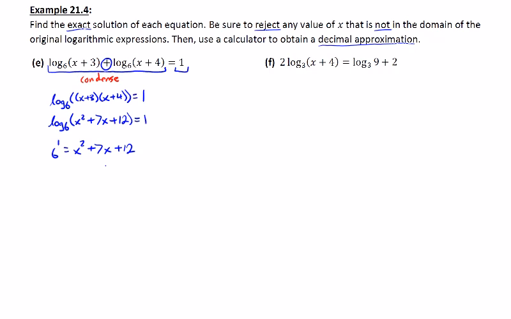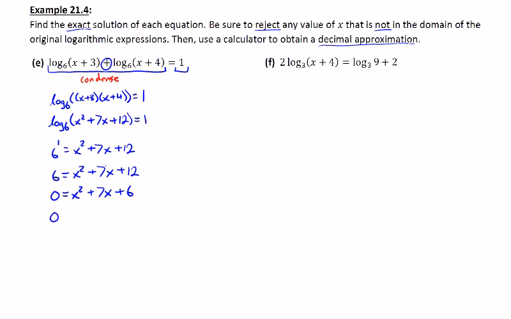In which case, 6 to the first power is really just 6, and now I have a polynomial equation, and I can subtract 6 from both sides to get the polynomial in standard form, x squared plus 7x plus 6 equals 0. This is nothing more than just a quadratic equation. You could use the quadratic formula if you were so inclined.